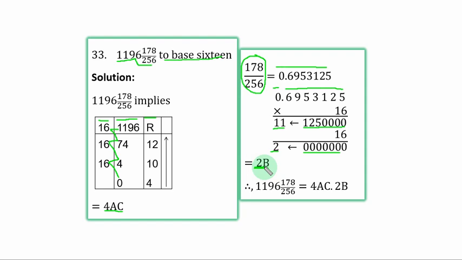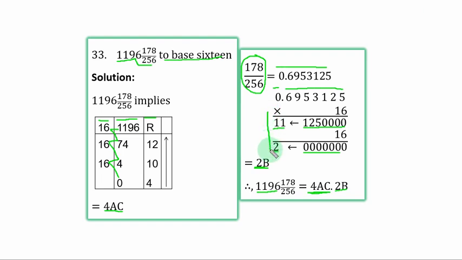So if you put everything together, 1196 whole number, 178 over 256, this result is for the whole number part, 4AC, point 2B for the fractional part. You have successfully converted this number in base 10 to base 16. Note what happens here.